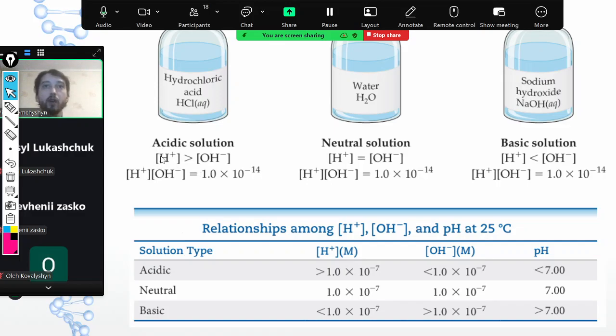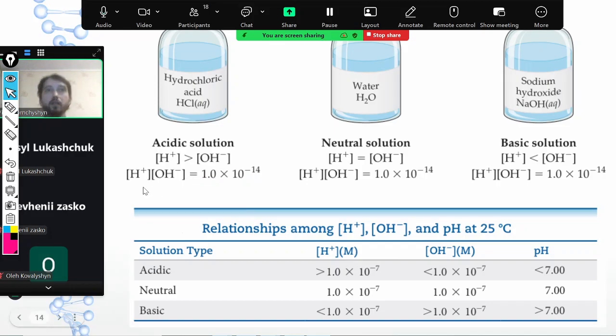If you add more H+, let's say you just started adding H+, they will start finding OH- and transform them into water. So the concentration of OH- will drop down, while H+ went up because you added them. But the overall equilibrium will be reached when the product of these concentrations is equal to this number.